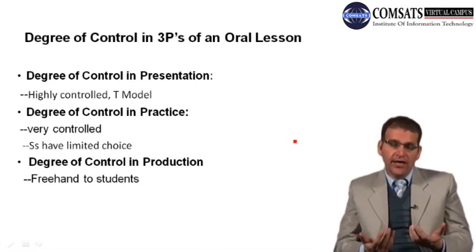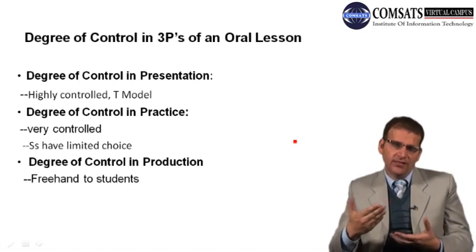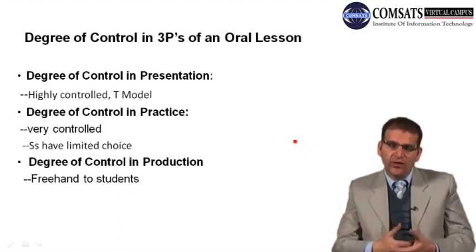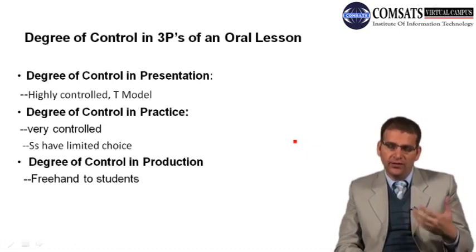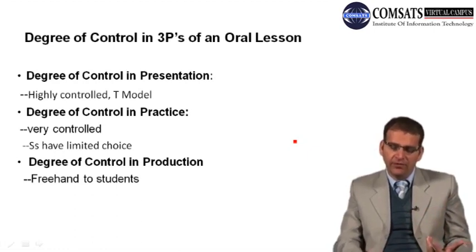So you see, the practice stage depends on the previous stage. That's why the degree of control is highly controlled in the presentation stage, and in the last stage students are given a free hand.